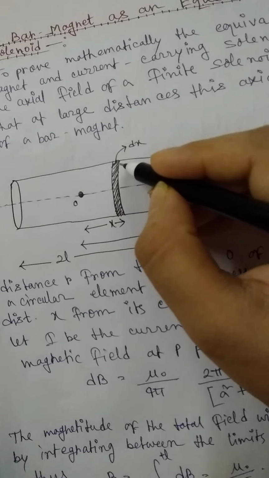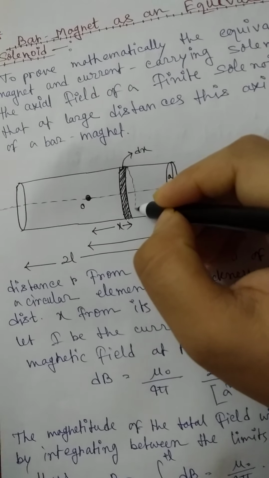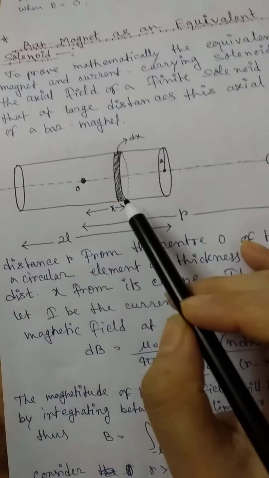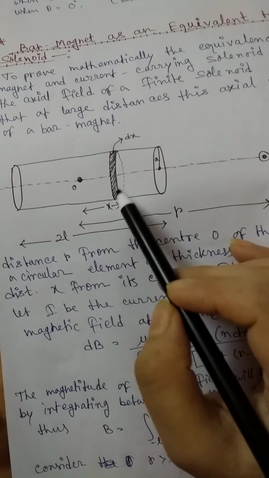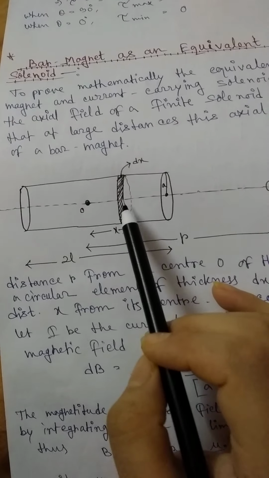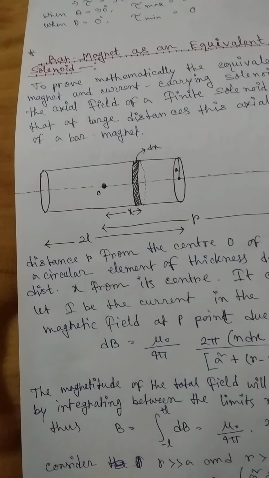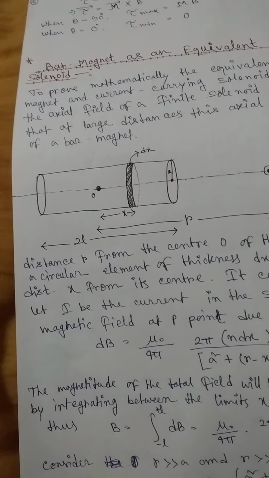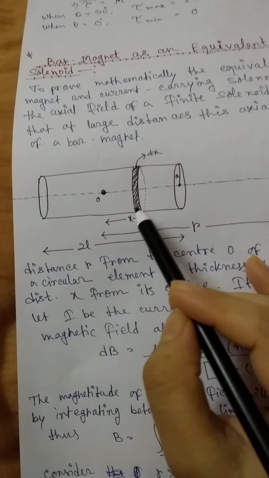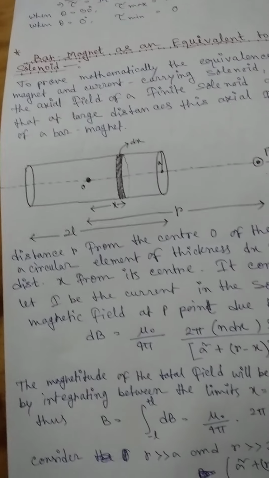This is our loop, and the width of this loop is dx. So the total number of turns in dx width is n into dx, right? Because n is the total number of turns per unit length. That means dx length contains n dx turns.